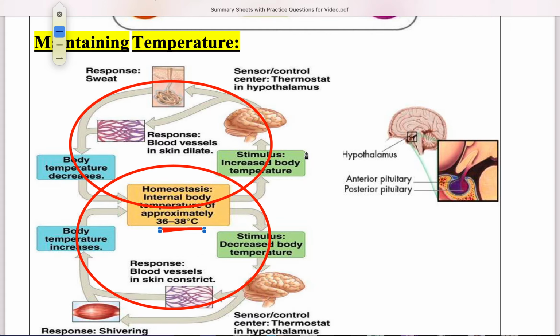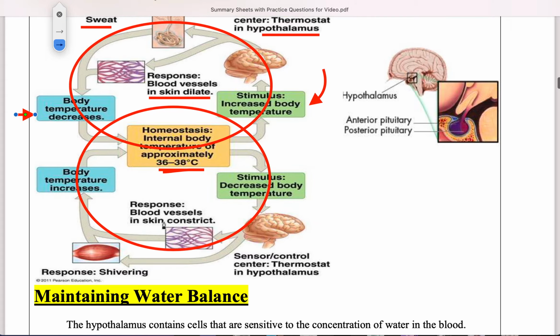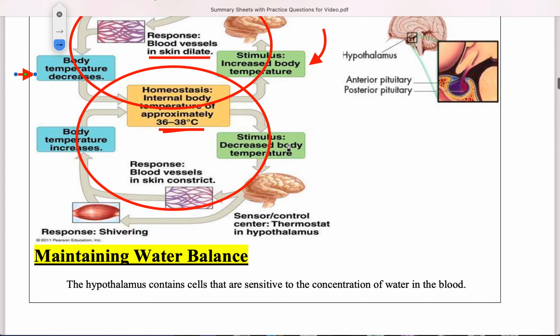For example, the stimulus is that your body temperature increased. So what happens? Your thermostat, the hypothalamus, gets active. You produce sweat, and also the blood vessels in the skin dilate, and that all brings the temperature down. It comes to normal. On the other hand, if the temperature decreases, like you feel cold, again the hypothalamus becomes active.